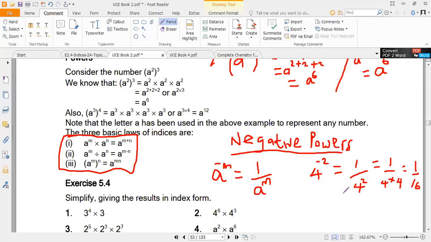So that is what it means. A negative power means this is the same as 1 out of that number with a positive power.